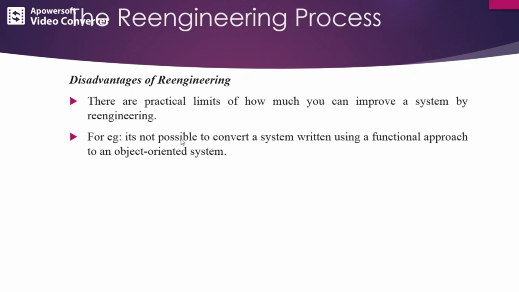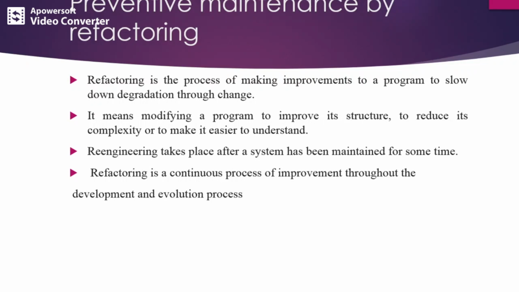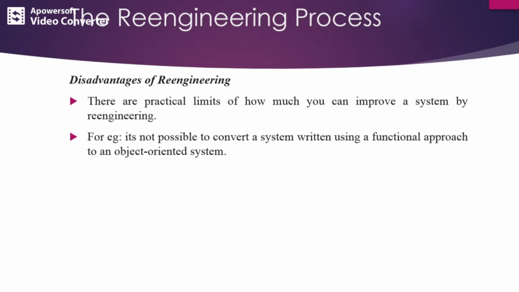For example, it's not possible to convert a system written using a functional approach to an object-oriented system. So the question arises: if you have written a program using a functional approach, is it possible to convert it into an object-oriented approach? That is difficult. So it's not possible in re-engineering. That is one of the disadvantages of re-engineering.